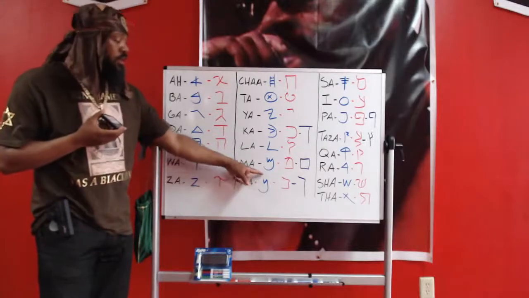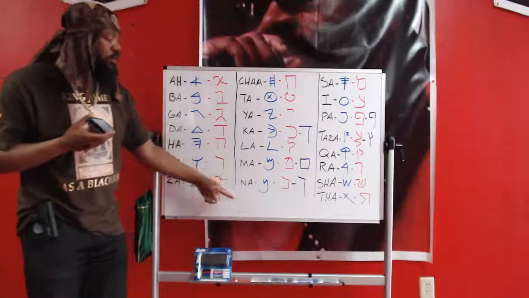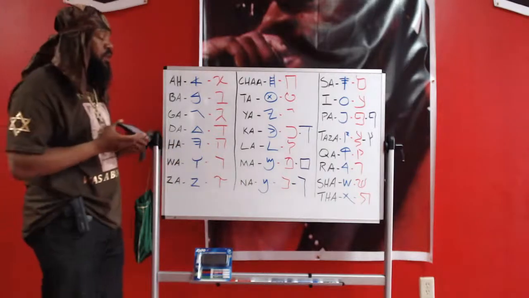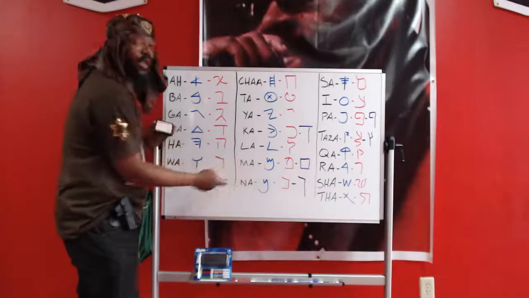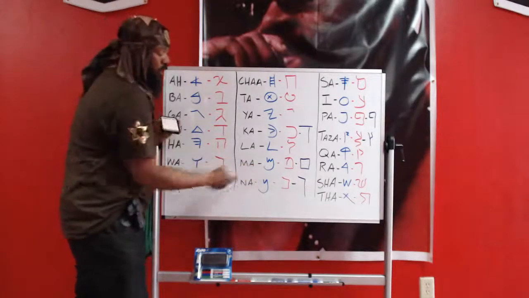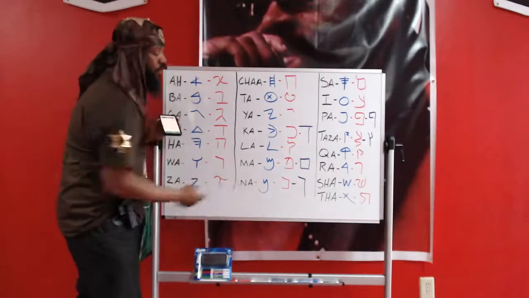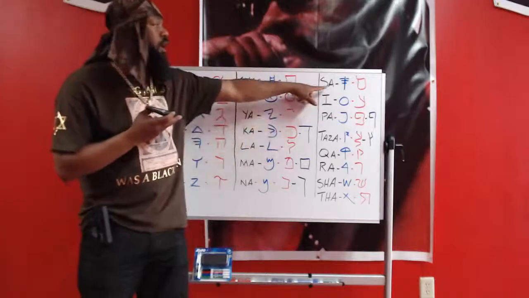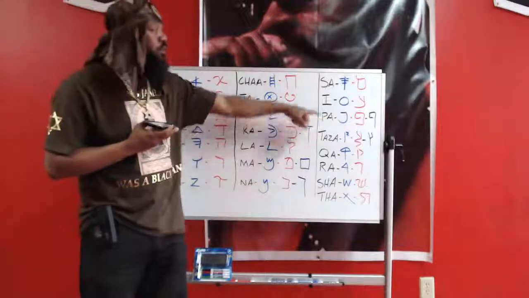We have Ma, and we also have Na. These two syllables can be very confusing in the Assyrian, but just remember that the Ma is going to look like a W with a hook on the end, and Na is going to look like the V with a hook on the end. Next we have Sa, which resembles an antenna, if you will.